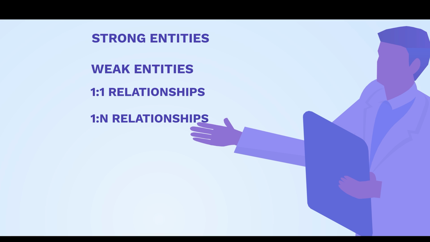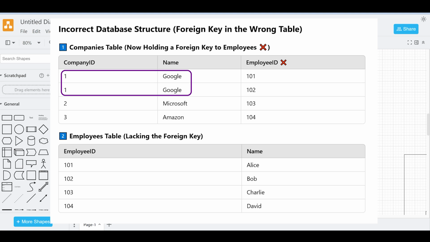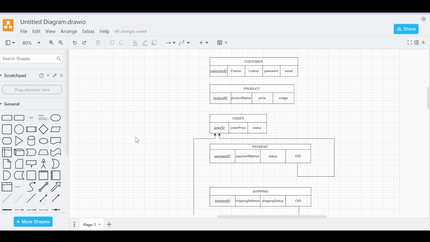The next rule is that we map one-to-many relationships, and this is done by placing the foreign key in the many table. And the reason for this can be obvious if we look at these two tables. We need to reduce redundancy in the database because it can lead to join problems in SQL code. So here we put the foreign key in the orders table and we link it with the customer.